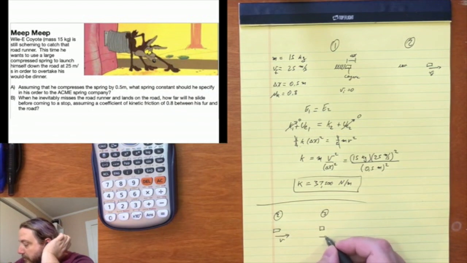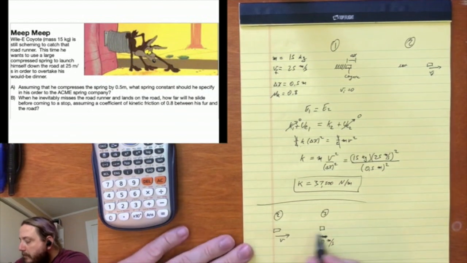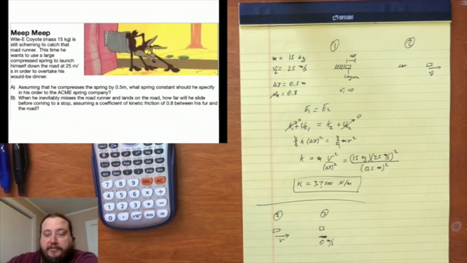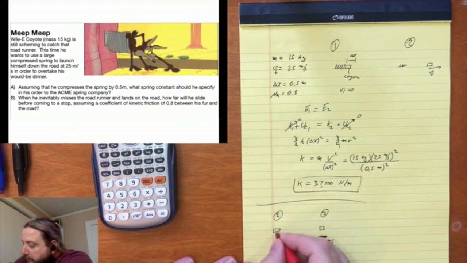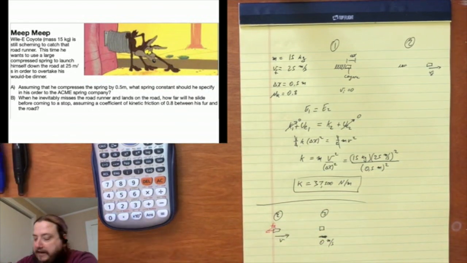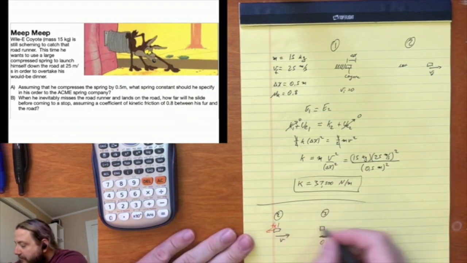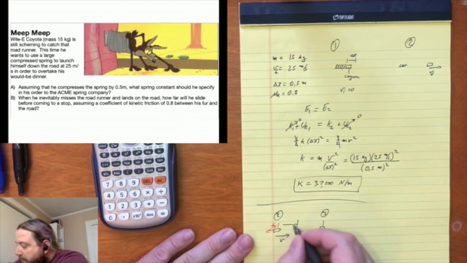The final velocity will be 0 meters per second. And in between this time, there has been a friction force, F sub k, acting through a distance d here.